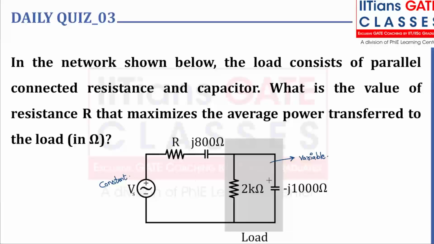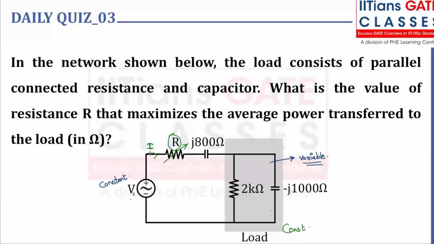But here you can see in this question, my load is constant and the internal impedance is variable. Now for this particular case, if I want to transfer maximum power from here to here, that means maximum current should transfer from your Vs to the load side.